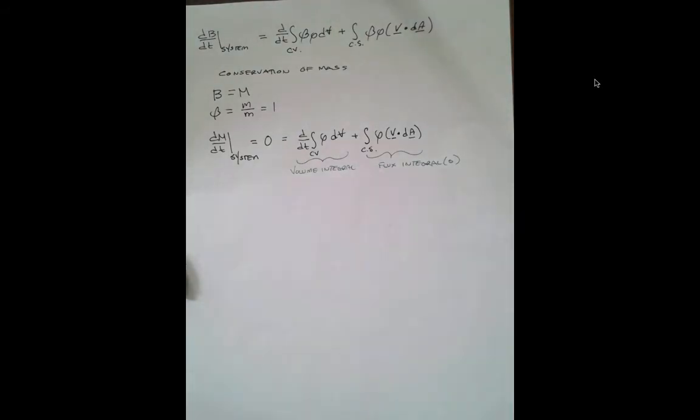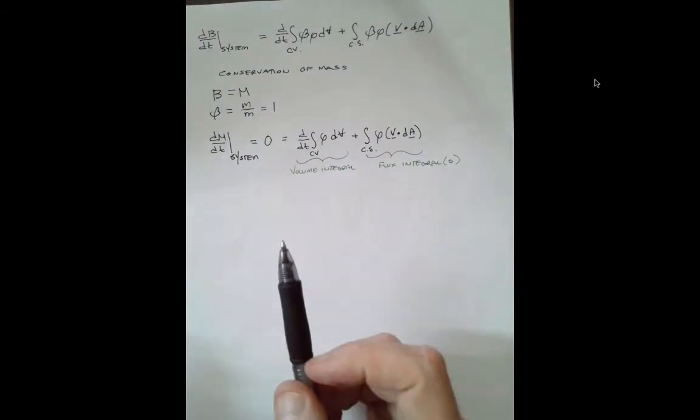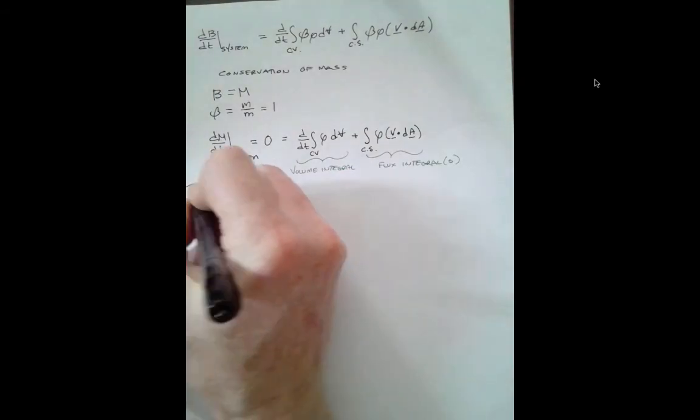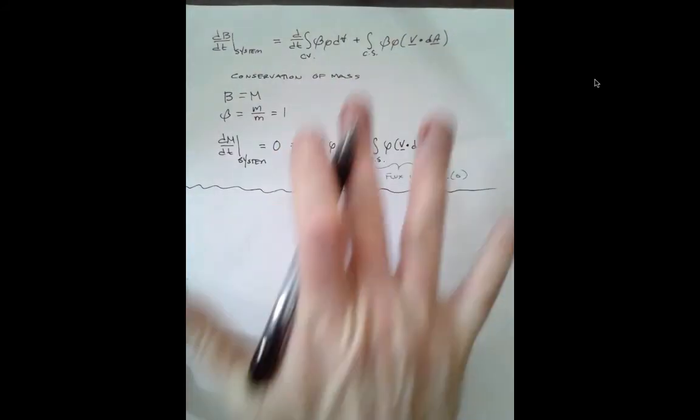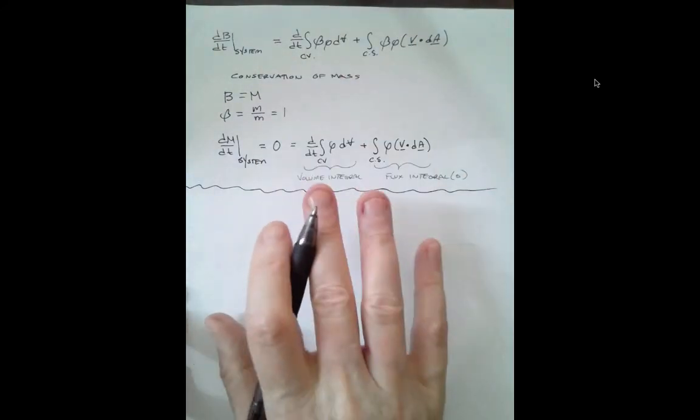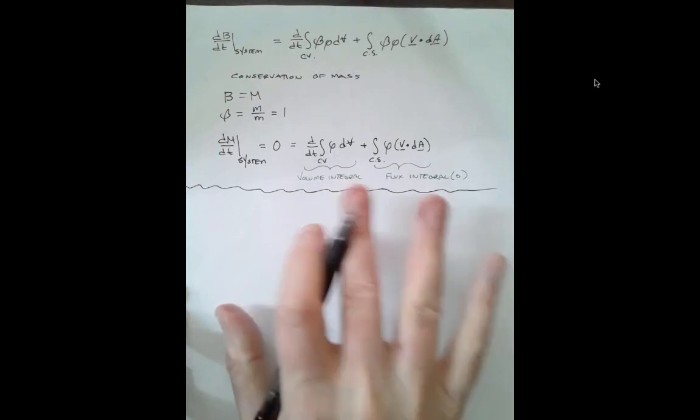So we'll now summarize that in words, which again is consistent with chapter 5 of our book. So in words, I'm going to go ahead and put a wiggly line here to indicate that. So we're going to apply a similar analysis for momentum, angular momentum, and energy.